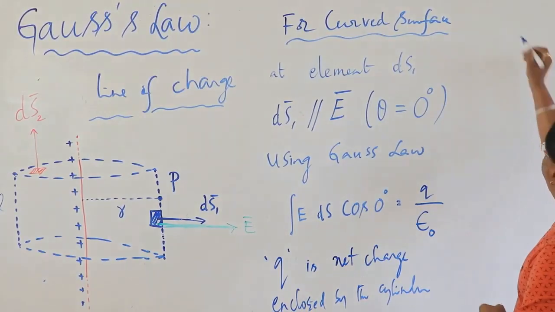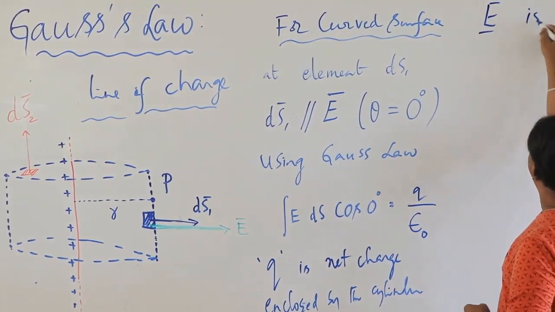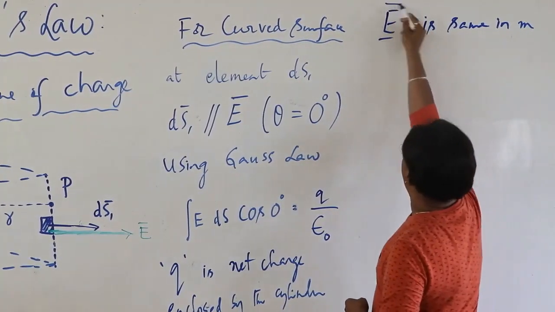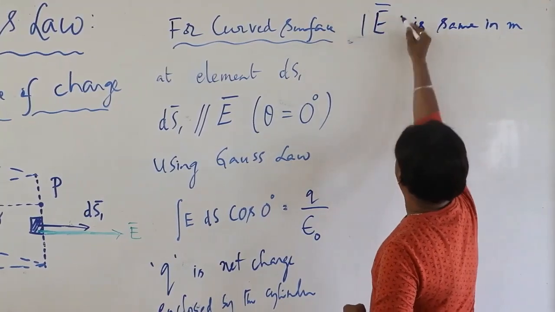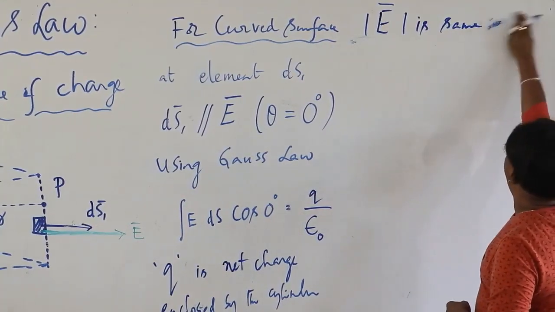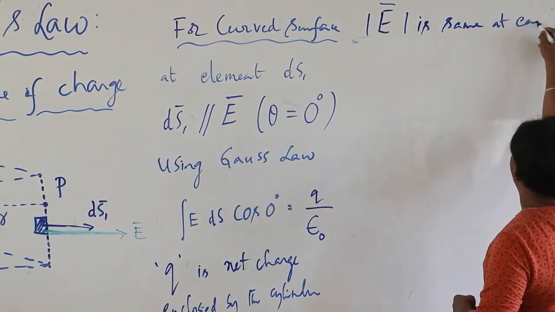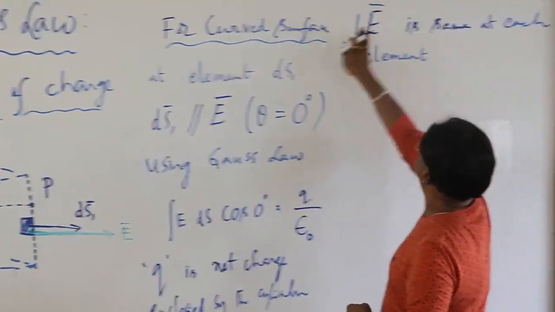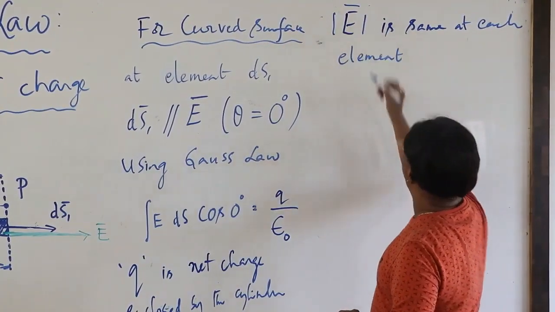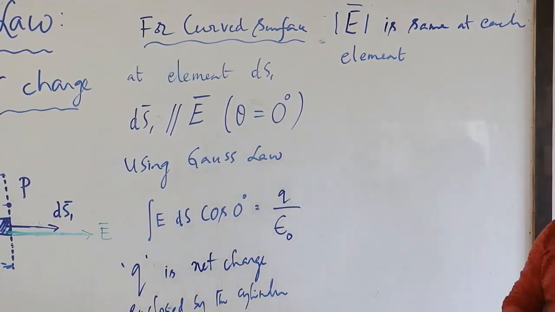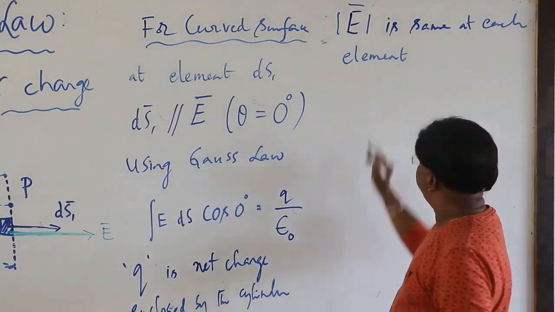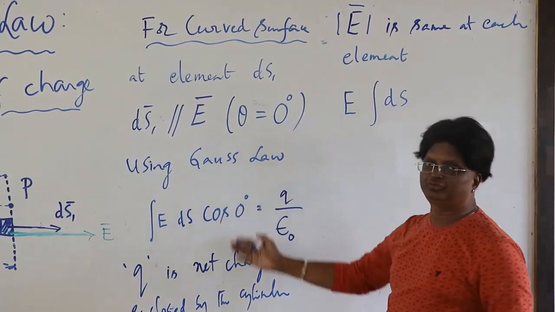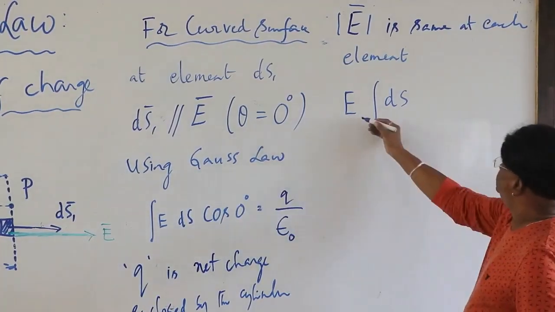Let us make mention of that also: the magnitude mod E bar is the same at each element. Therefore we rewrite the equation as E integral ds, where cos 0 I have taken as 1.